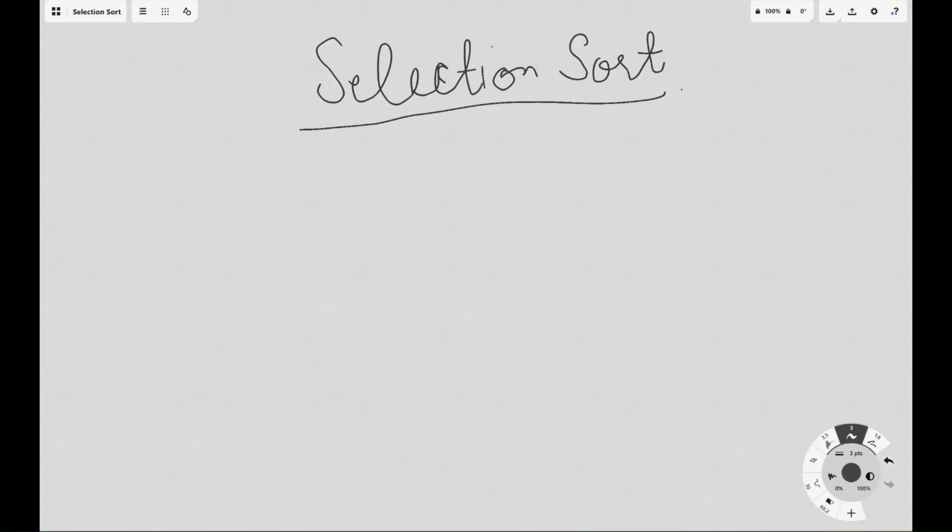What is meant by selection sort? As the name suggests, we select the smallest element in the array and place it in the first place.